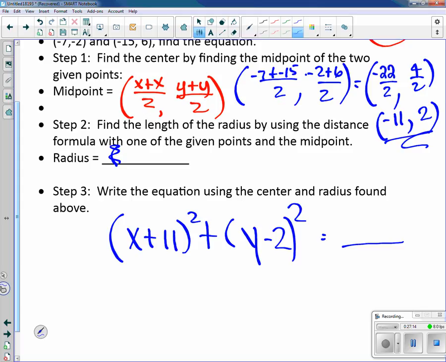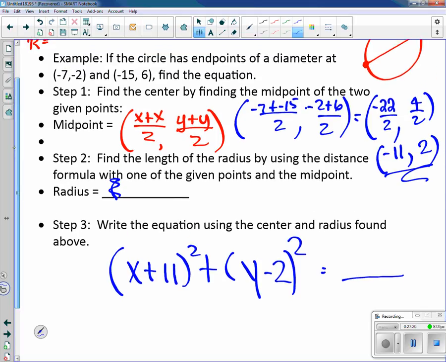This table, Jessica's table, Fatima's table, you plug in this ordered pair and see what you get. The rest of y'all, plug in this ordered pair into here, and y'all should get the same r squared. You should. It's probably going to be a big number.